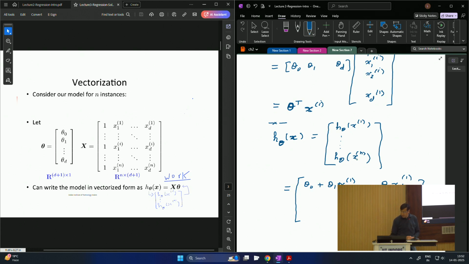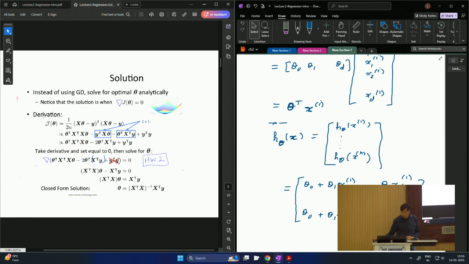When I have to write it for the nth point, this is theta naught plus theta 1 x1 of the nth point till theta d xd of the nth point. Everybody with me? So I want to write it as a product of a vector and a matrix, which is shown on the slide. That's why I'm doing it.